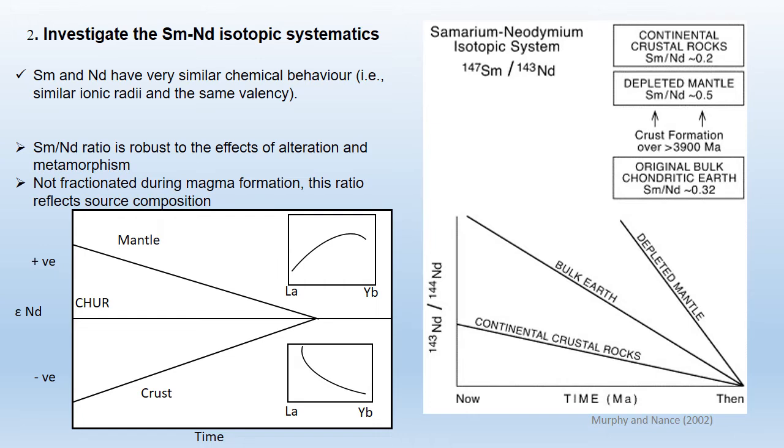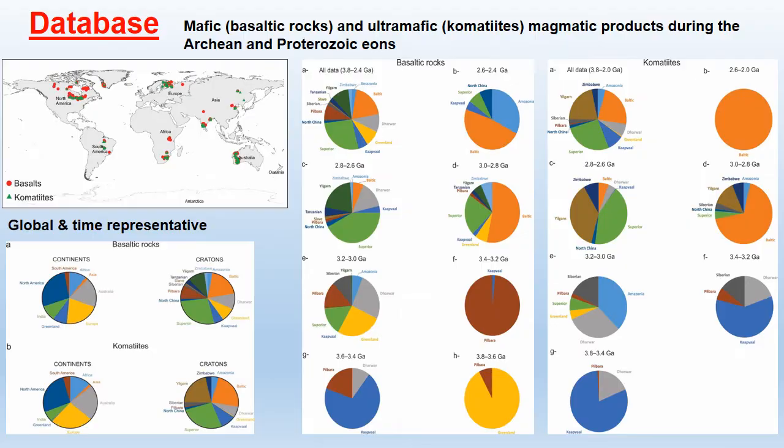This is the ratio between the neodymium isotopes in the source and in the rocks we have, relative to chondritic rocks. We find that the mantle evolves in a positive direction and the crust evolves in a negative direction. So if we see some enrichment, meaning we are going in the negative direction, this means we have some crustal contribution to the source of the study.